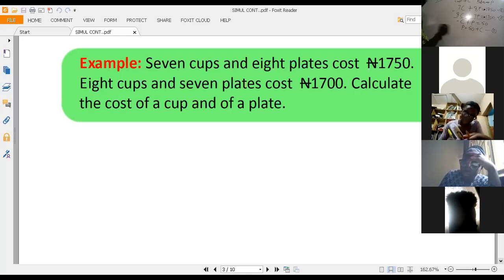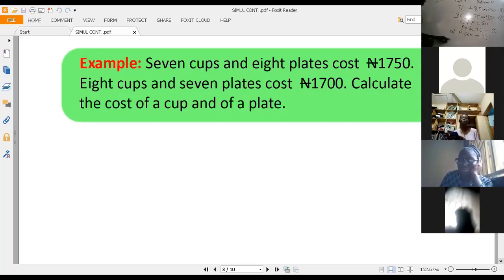Now for this class, we put the value of P, which is equal to 50 plus C, into, let's say, equation 1. Good.